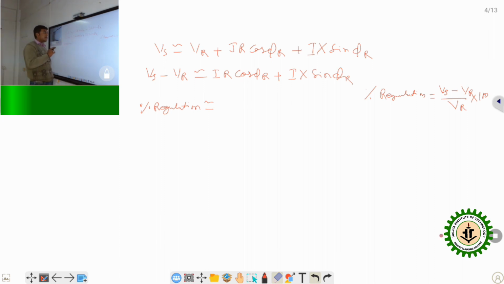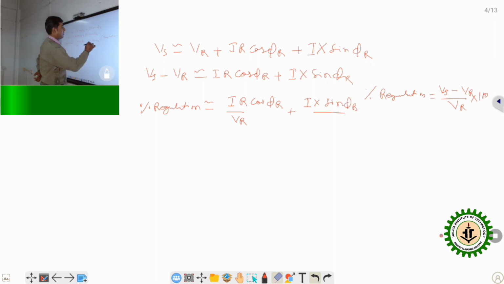Only we consider the resistance and the inductive reactance of the transmission line. Okay, so here I can write, this is IR cos phi divided by VR plus IX sin phi divided by VR. Okay.